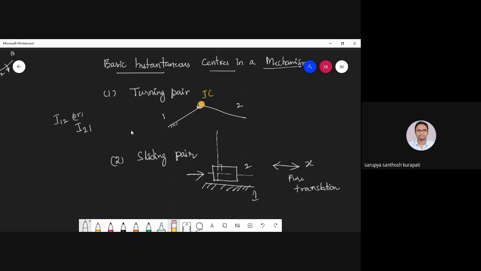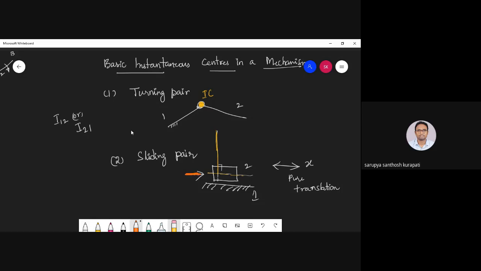Where should I mark that instantaneous center? So I'll explain again: two perpendicular lines meet together, sir. See, this is my perpendicular line, and this slider is going to slide with respect to link 1 in this direction of motion.